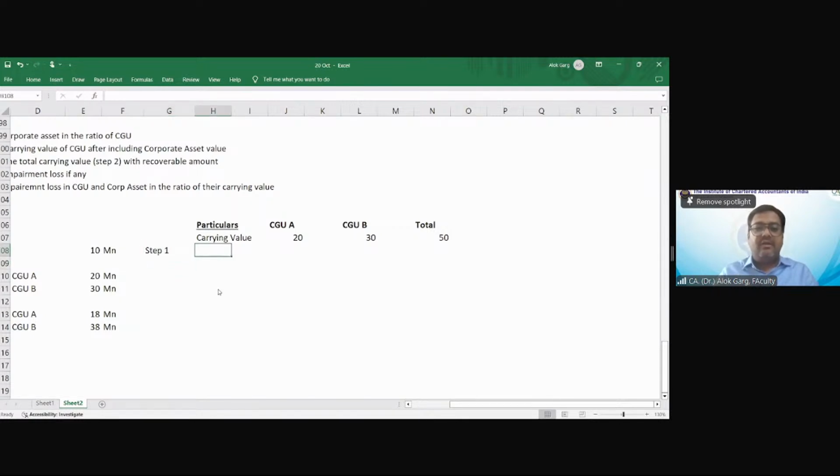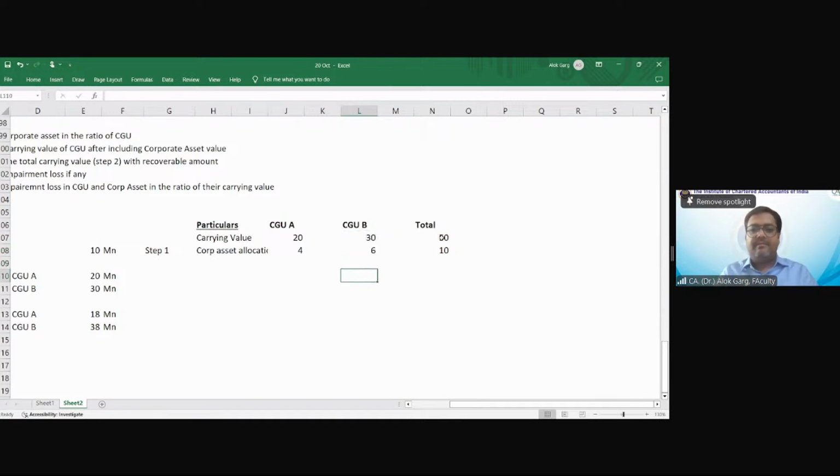Allocate corporate asset in the ratio of carrying values. What is the total of corporate asset? 10 million. So I need to allocate this 10 in the ratio of 10 multiplied by 20 divided by 50, and 10 multiplied by 30 divided by 50.